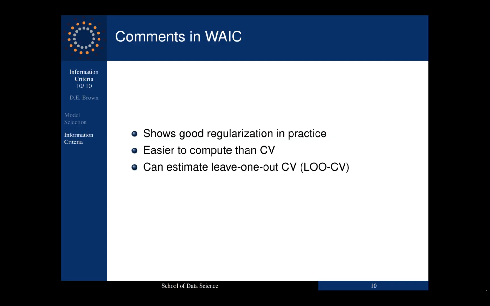Leaving one out and validating with all the other terms, and continuing through all the data points, is an approach to cross-validation. It turns out that WAIC closely approximates that result, which gives us a lot of confidence in what we're getting from the WAIC estimate. Overall, it's a good approach for Bayesian learning, but as we'll see in the next class, it's a very good approach for Bayesian model averaging.